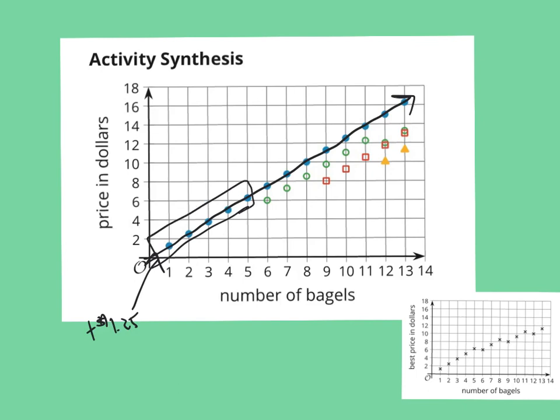But then the green represents buying a half dozen bagels and then adding $1.25. Fine. So this is the best deal. Add $1.25, add $1.25. But then the best way to buy 9 is just to use the deal. Then add $1.25, $1.25. But then the best deal for 12 is to buy the deal and then there.